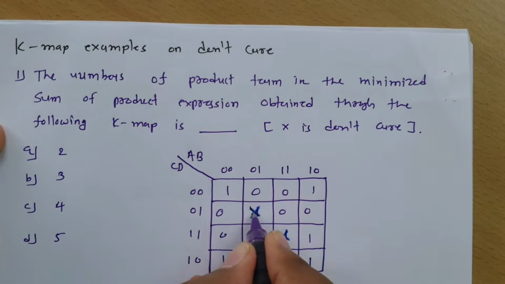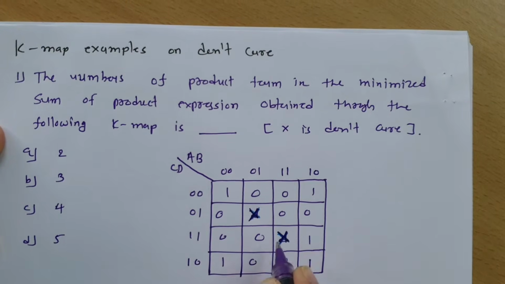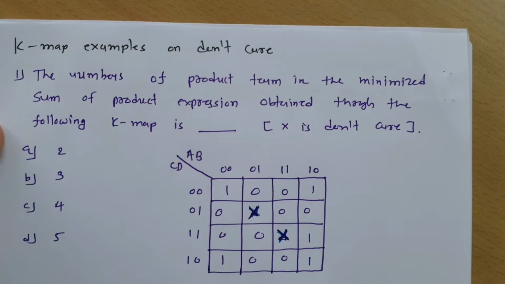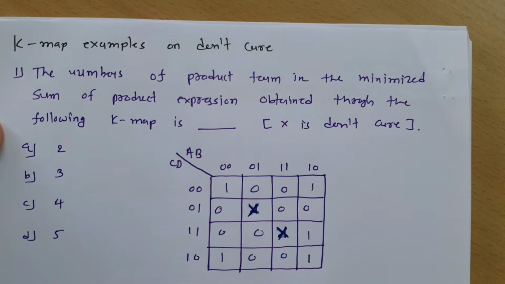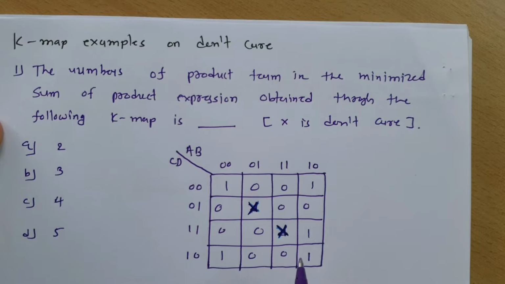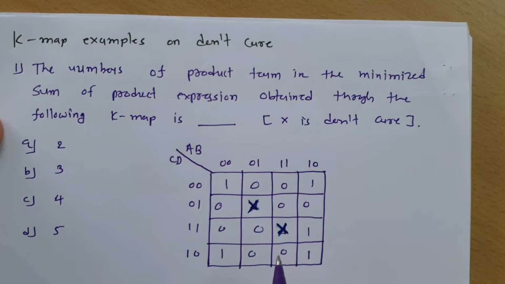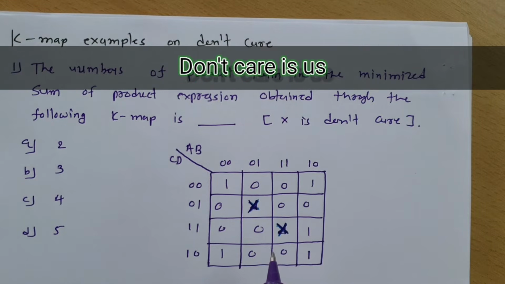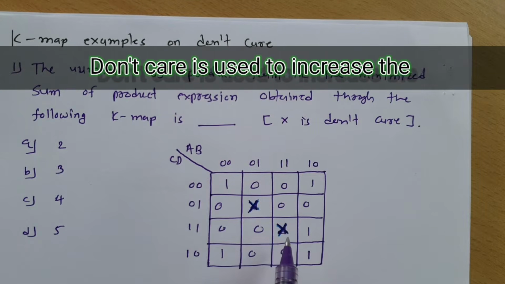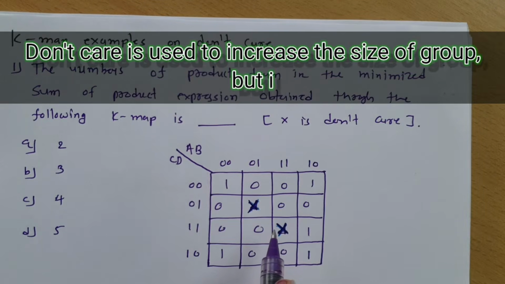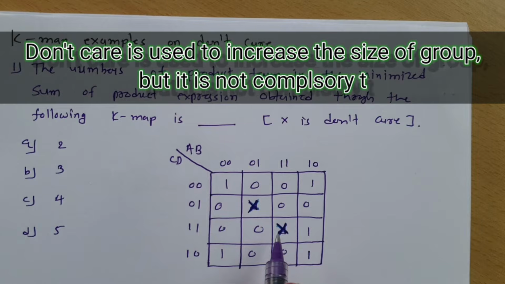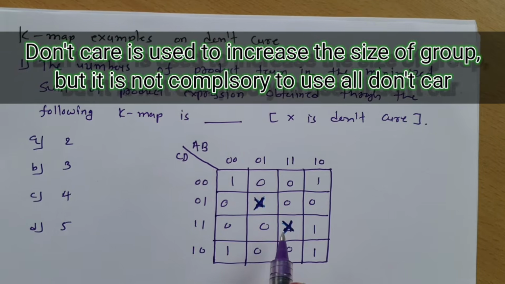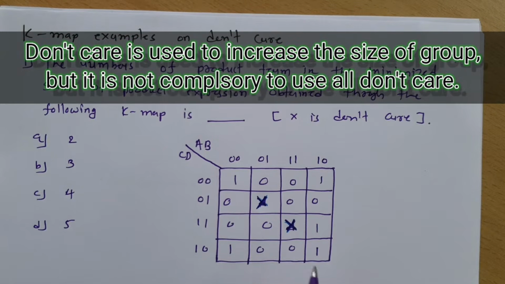When you have don't care, there is only one thing you need to keep in mind. You can use don't care to increase the size of a group, but it is not compulsory to cover all don't cares.